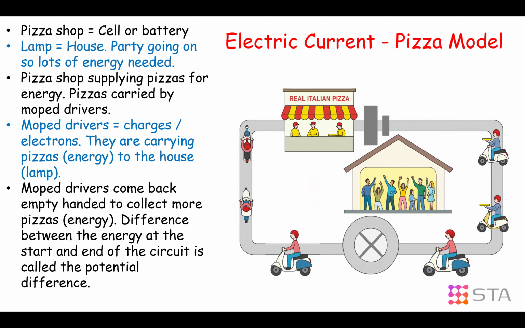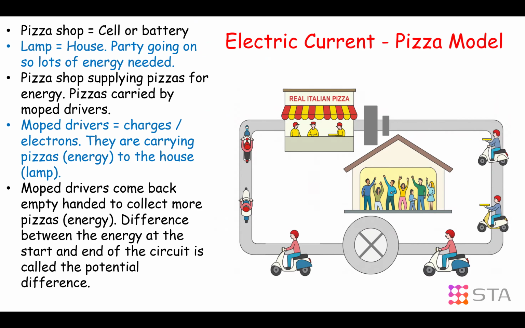If you measure the difference in energy on this side of the pizza shop, where the moped drivers are going out with the pizza, and this side, where they're coming back empty-handed, or if you look at the pizzas or energy being supplied to the lamp and the number of pizzas or energy coming back, that difference is called the potential difference. So it's really the difference in the energy at the start and end of the circuit.